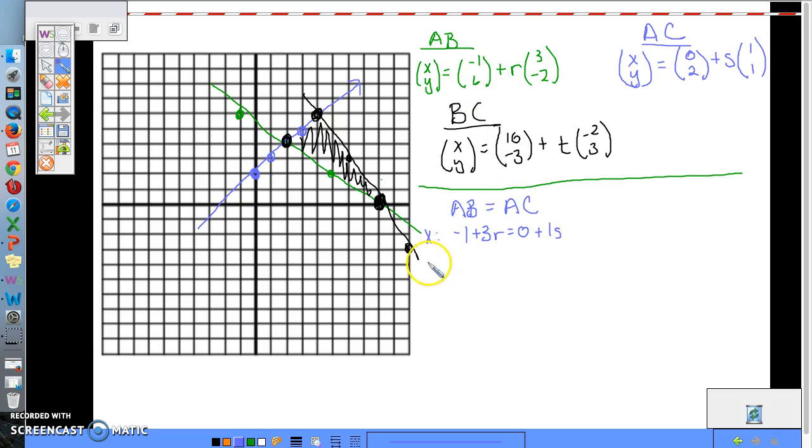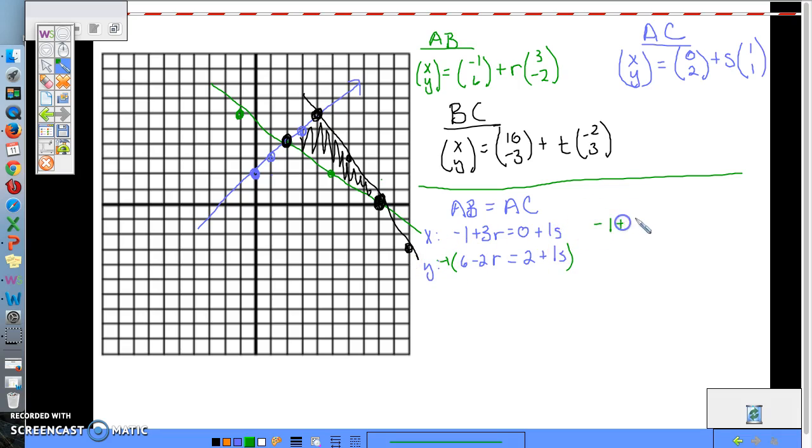And then we can look at our y value for AB, 6 minus 2r. Where does that equal our y value over here, 2 plus 1s? Now we have a system of equations that we can solve. So we need opposites here, and s looks pretty easy. We could just multiply this whole thing by -1.